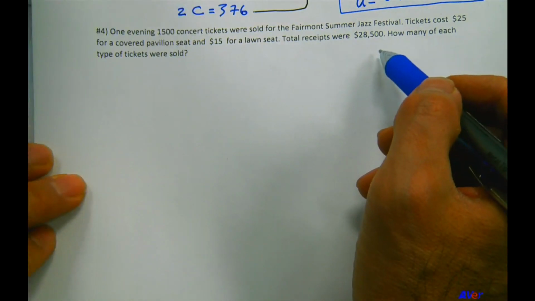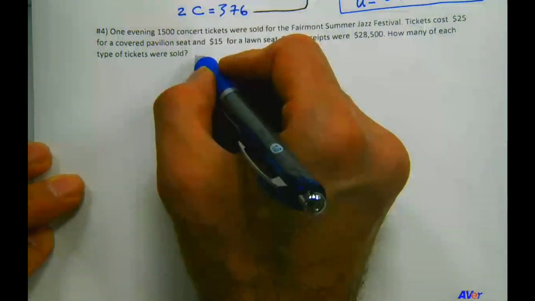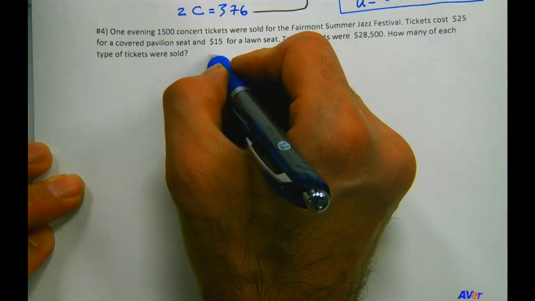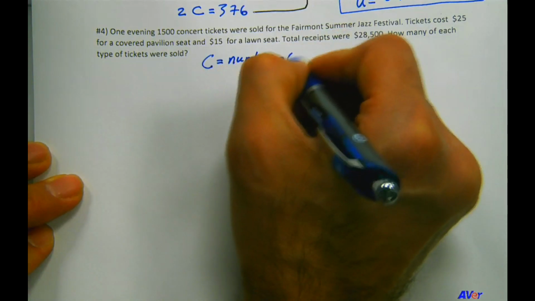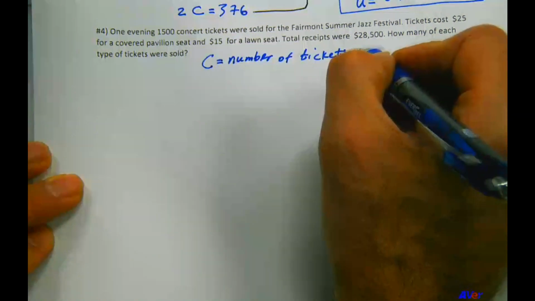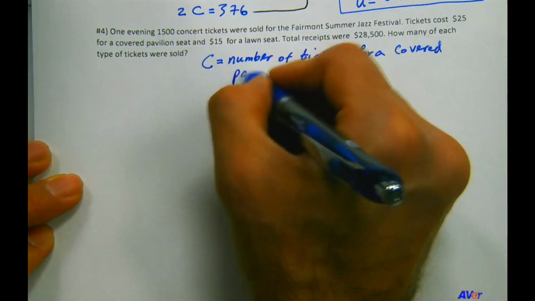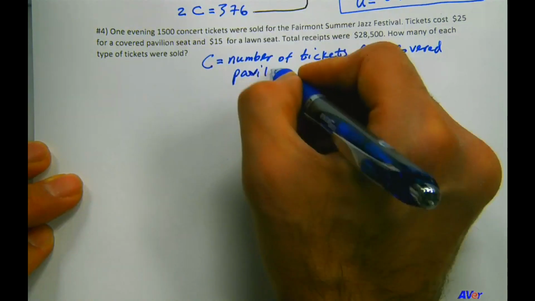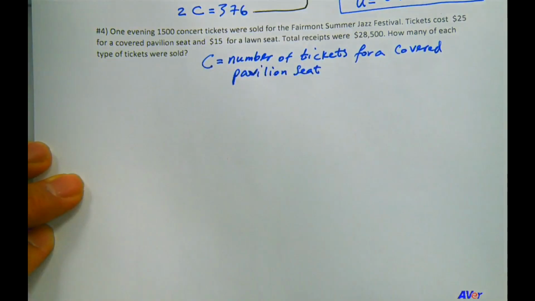So we need to introduce variables for each type of ticket because they're asking for how many of each, right? So let's say C is the number of tickets for a covered pavilion seat.